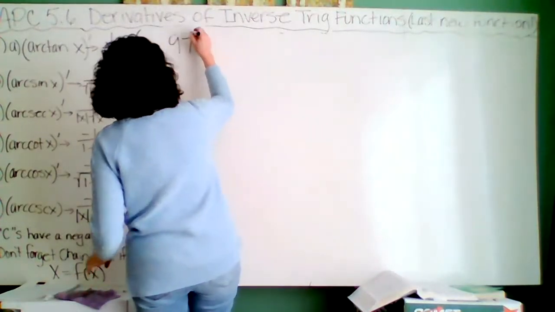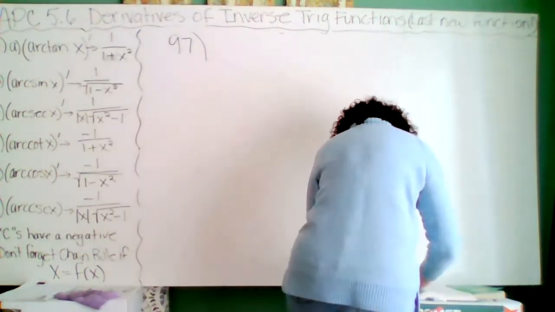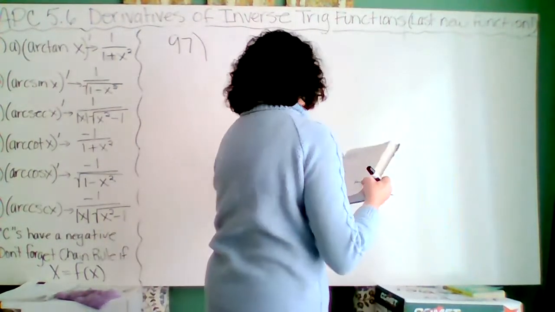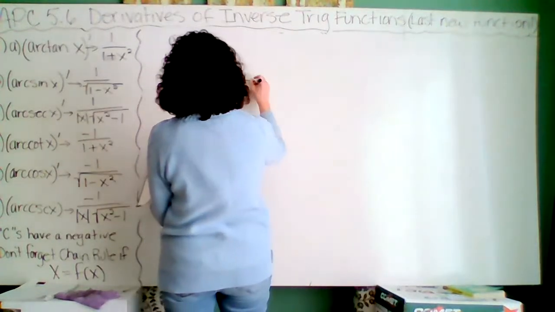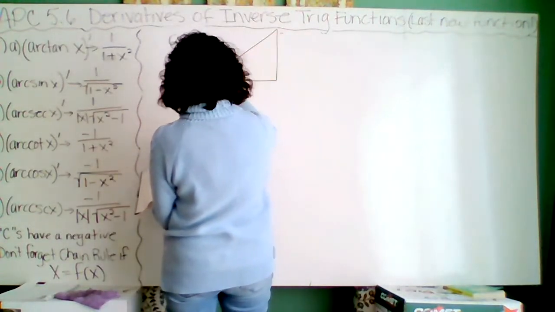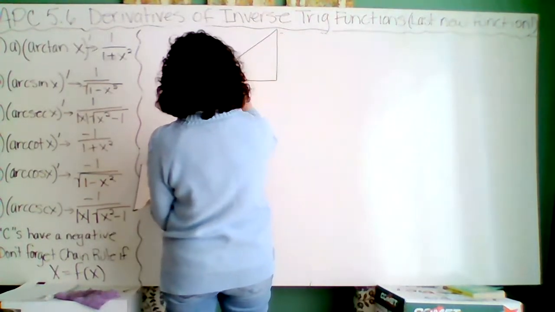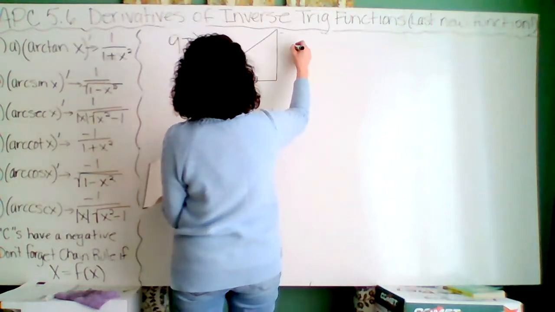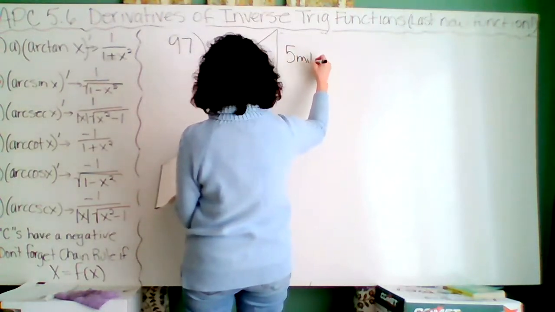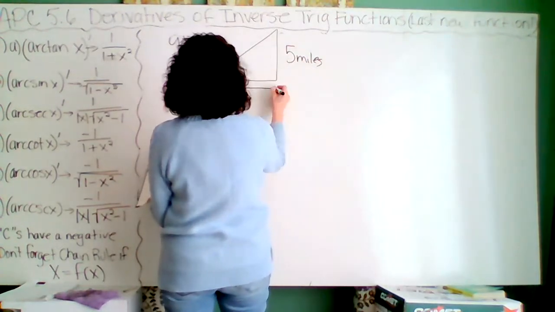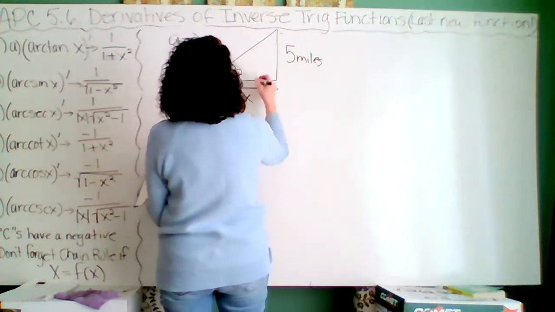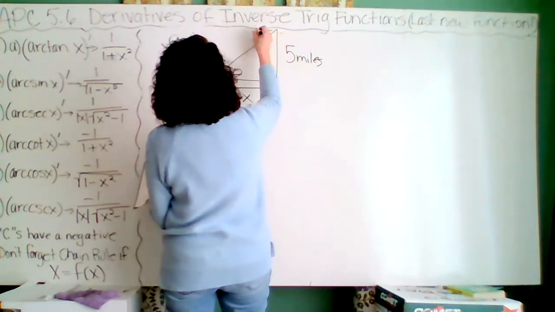Here's what number 97 says. And they give a picture. So I'll draw the picture first. They have a theta, they have 5 miles, they have an x, and here is a plane.